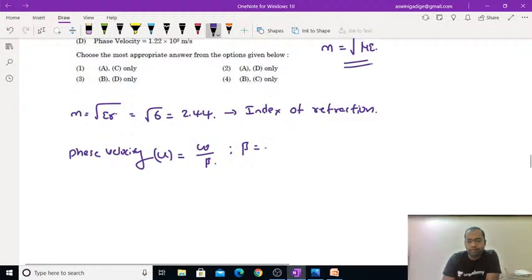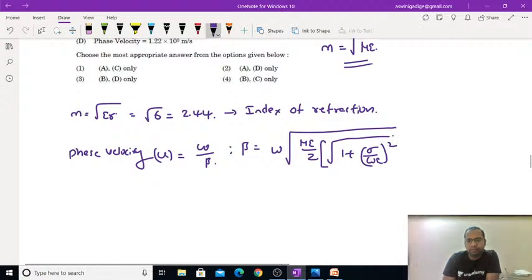The expression for beta can be given as omega root of mu epsilon by 2 times square root of 1 plus sigma by omega epsilon whole square, plus 1. So it is the beta value. That means generally the propagation constant gamma can be taken as alpha plus j beta, where alpha is the attenuation constant and beta is the phase constant.